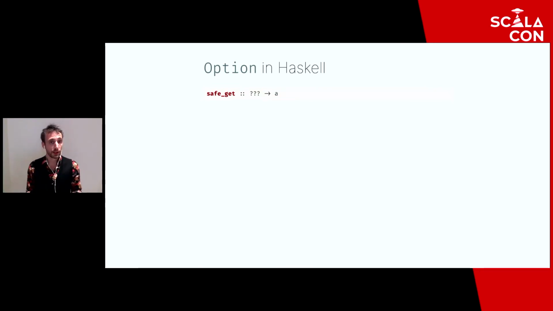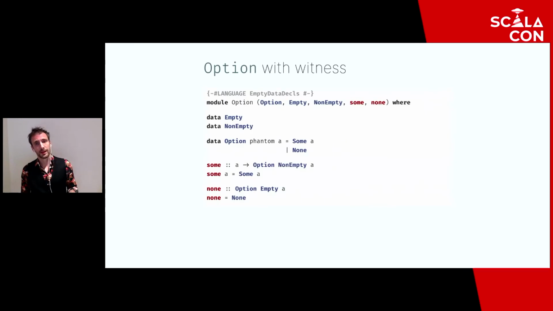For that, we need witness types. The code gets a little bit messy, but still very straightforward. Option now takes a new type parameter, phantom, which can be one of Empty or NonEmpty.